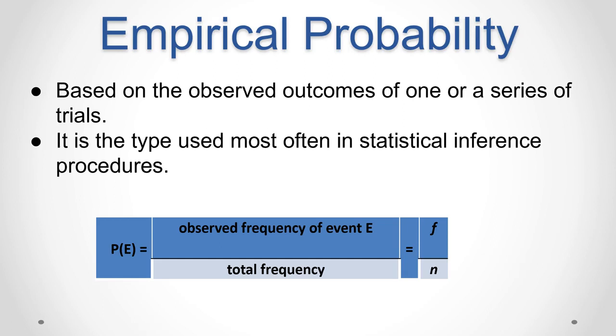The probability of an event E is the number of times event E is observed divided by the total number of trials or observations. So probability of E equals relative frequency of event E, which is equal to the number of times E occurs divided by the number of trials or observations. So F divided by N.